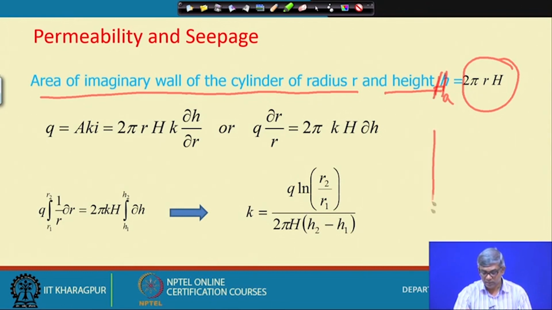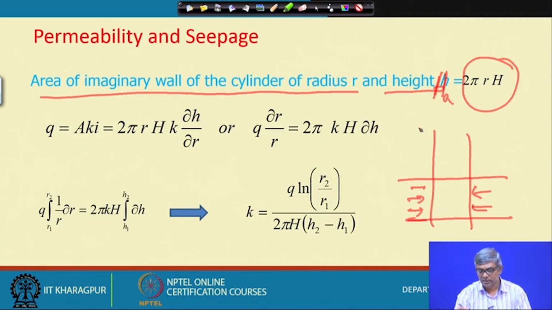So the cylinder height may be any height, but I will take only this h a. So it is 2 pi r h.